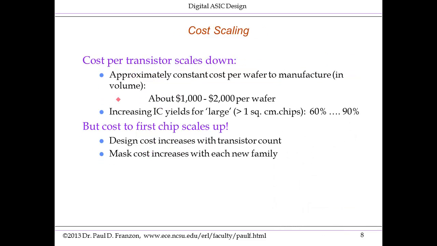At the same time, even though the transistors are shrinking and the size of the wafer is slowly increasing, the cost of making each wafer stays roughly constant at somewhere between $1,000 and $2,000 per wafer while it's a leading edge wafer. And the yield, that is the number of parts that work, has continued on the same curves.